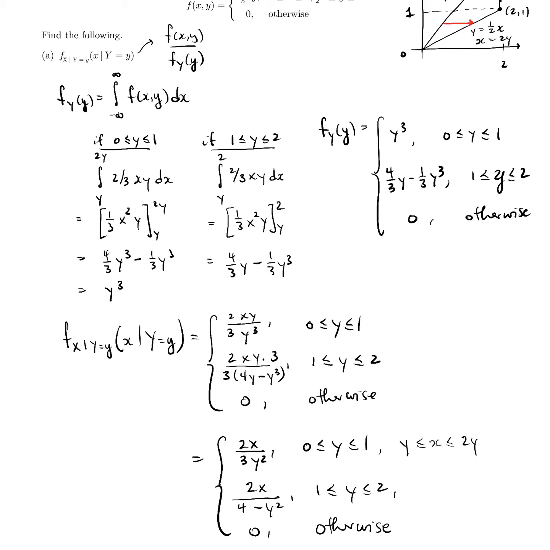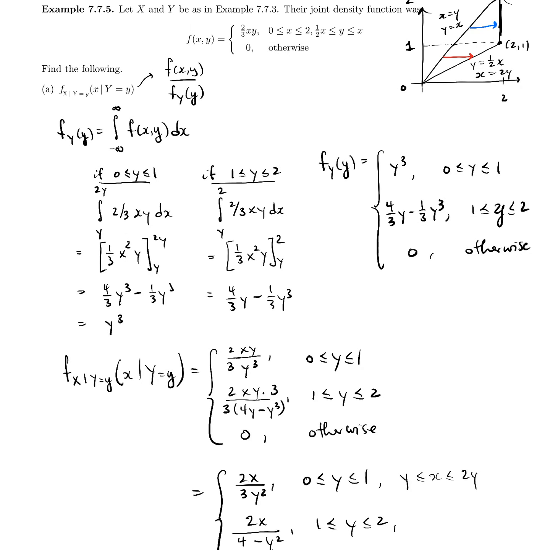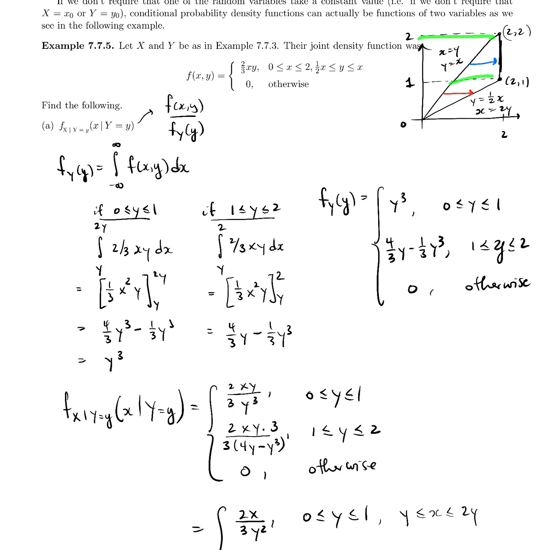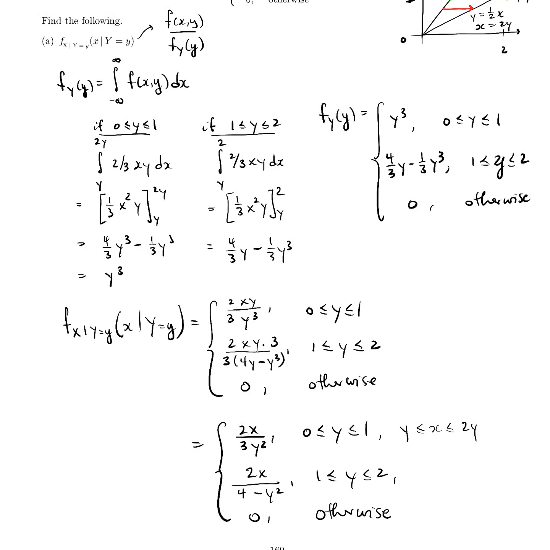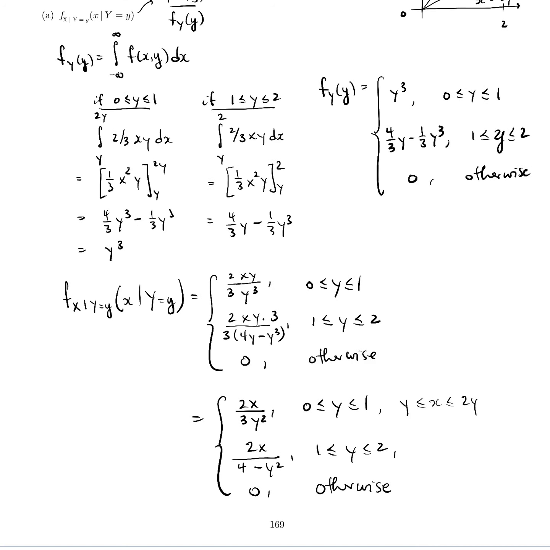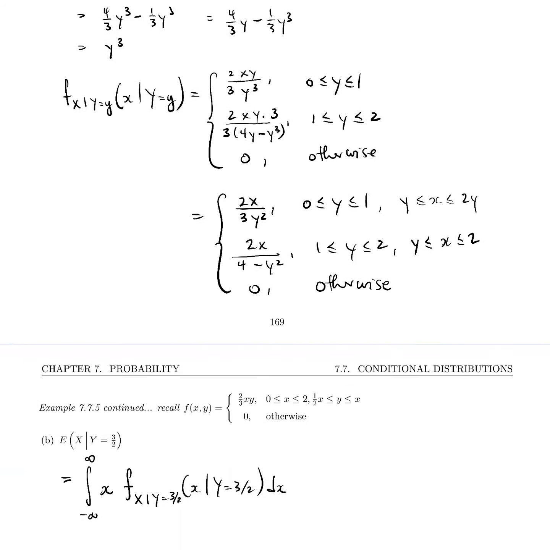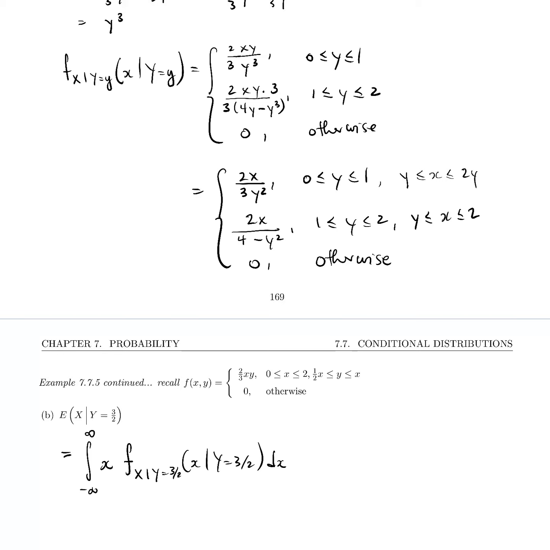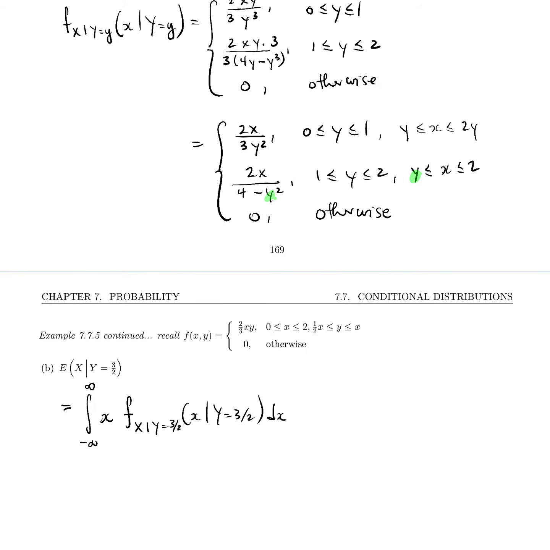And the last piece that we had here, which is actually the piece that we need for part B, if 1 is less than or equal to y is less than or equal to 2, then x goes from y to 2. So y is less than or equal to x is less than or equal to 2. Good.